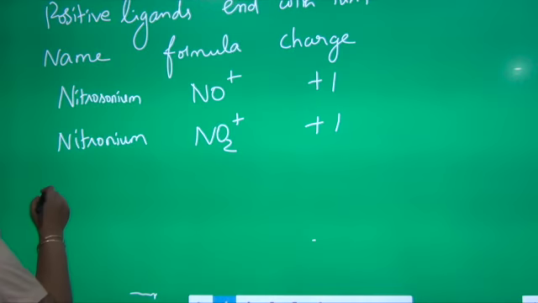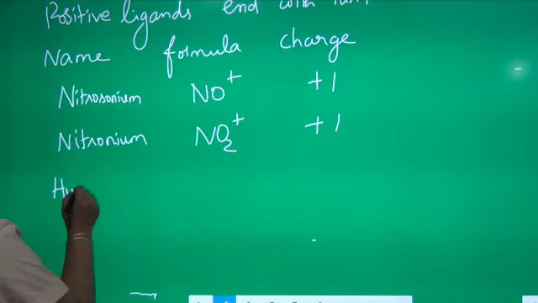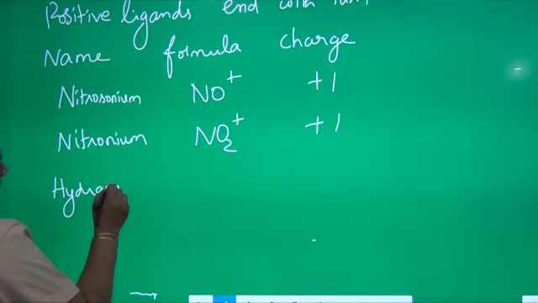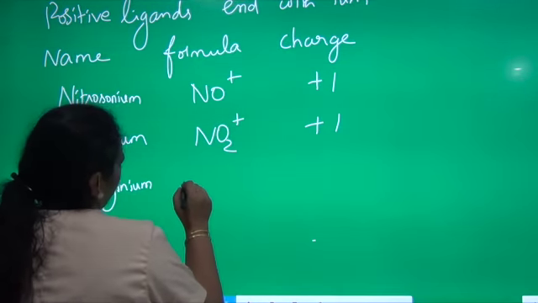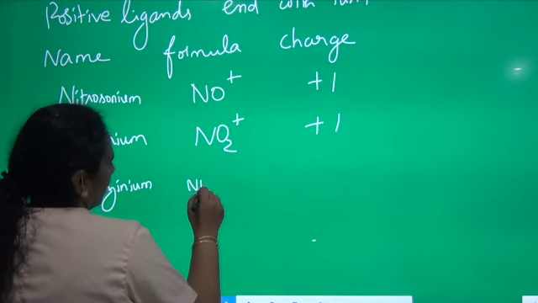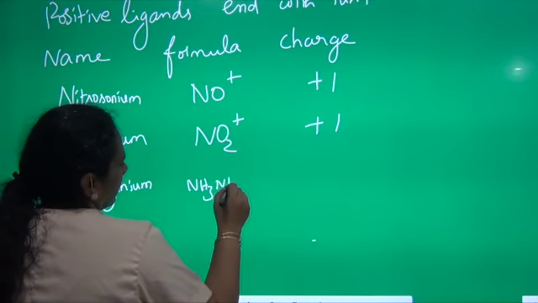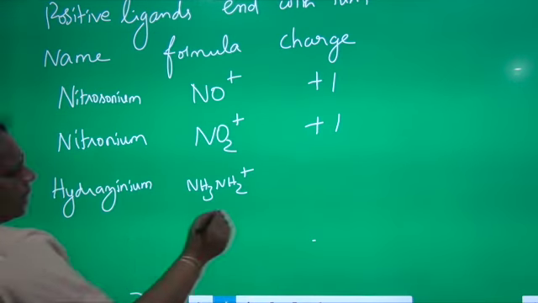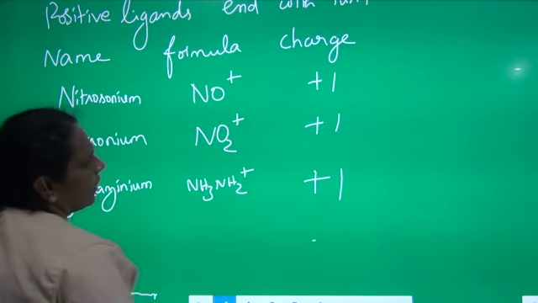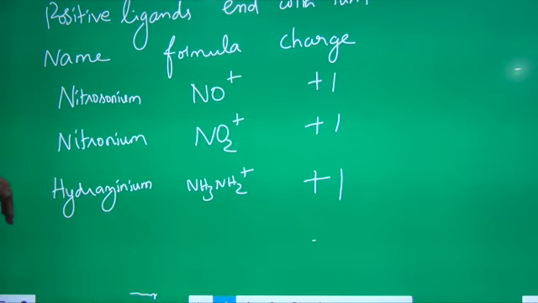The next one is hydrazinium. This is hydrazinium where the charge is positive, so it is plus 1. All these we can give as examples for positive ligands.